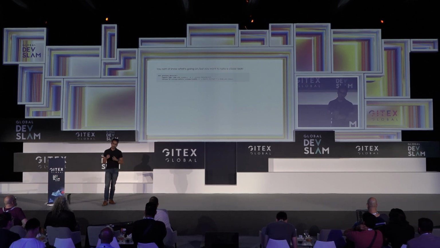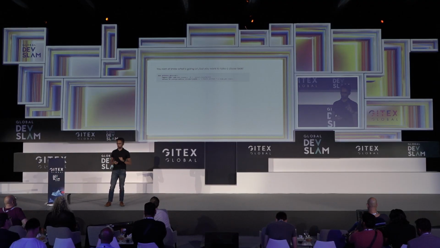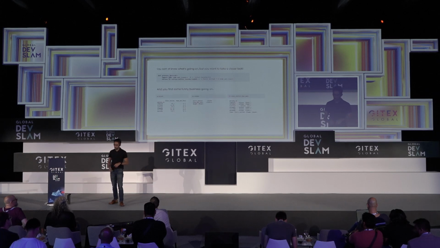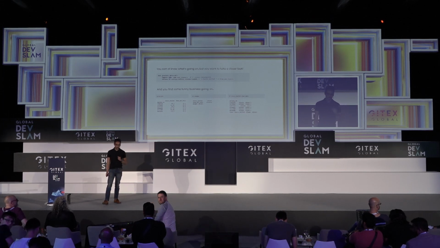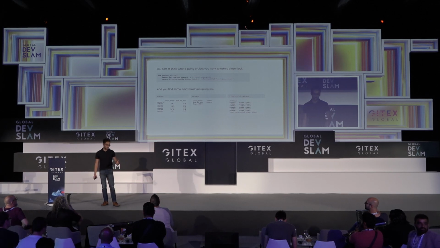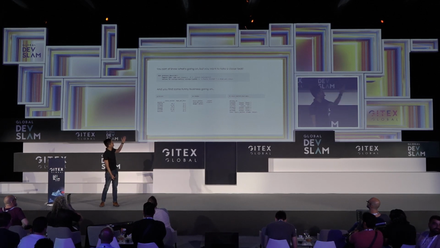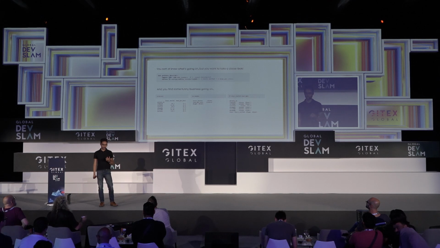I'm starting to form my hypothesis of what's going on, but I want to take a closer look. So I put a little breakpoint in there. I do some quick print statements of various things. Yeah, so you print out the data frame. Things look OK. Things kind of look floaty, looks like a number.